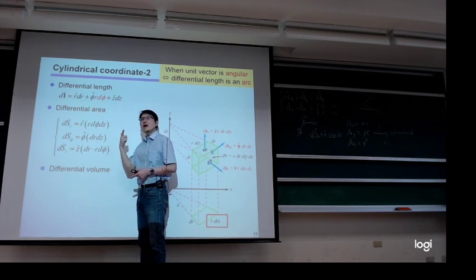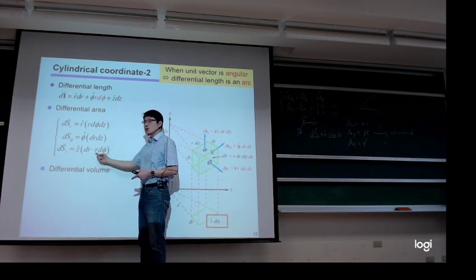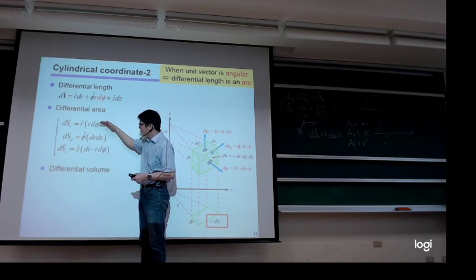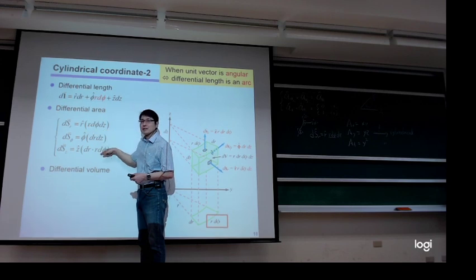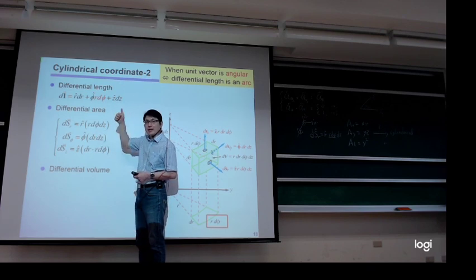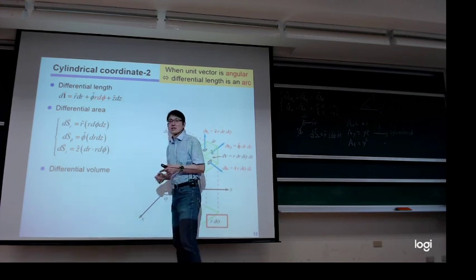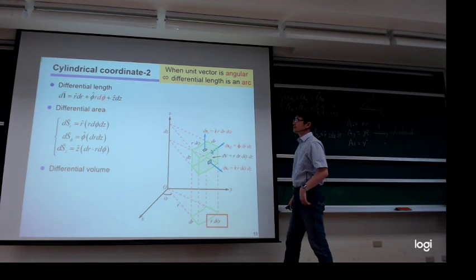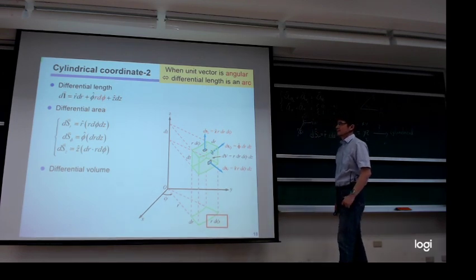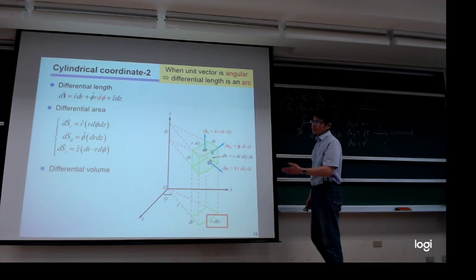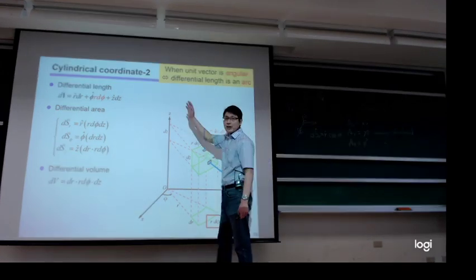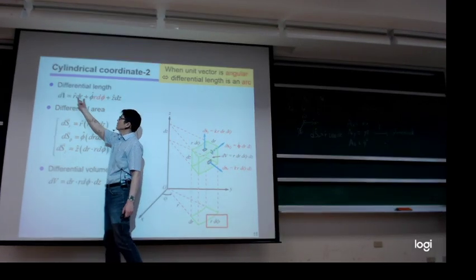It is an arc, and an arc is radius dependent. So you see these two have radius dependence, but not this one. The surface pointing in the angular direction, its size is not radius dependent. You don't see the radius in there. Alright, so for differential volume, multiply them together. You multiply this one and this one.